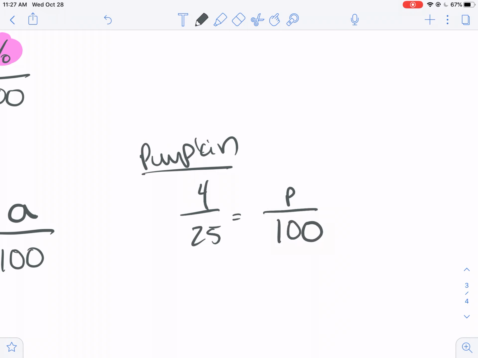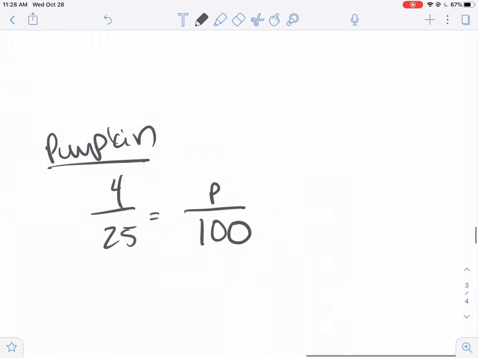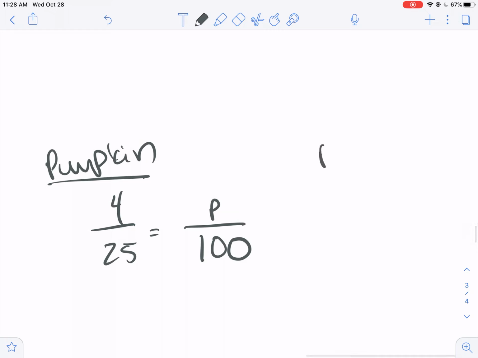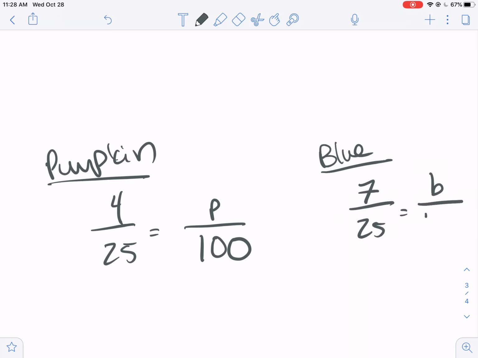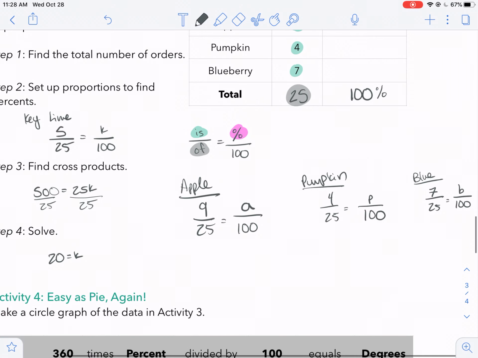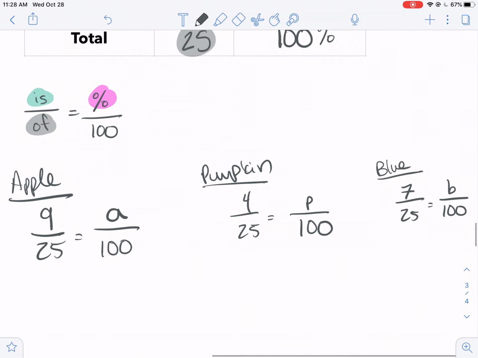And then finally, for blueberry, I'm going to abbreviate blueberry. We say 7 over 25 is what percent over 100? Go ahead and pause the video, find some cross products, and solve for your percent.